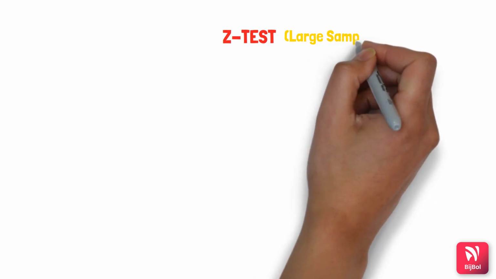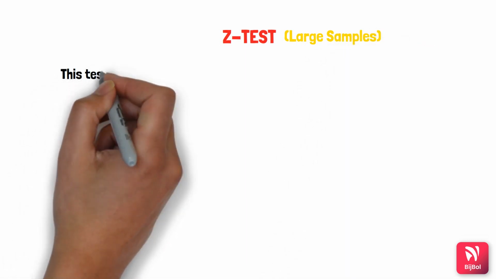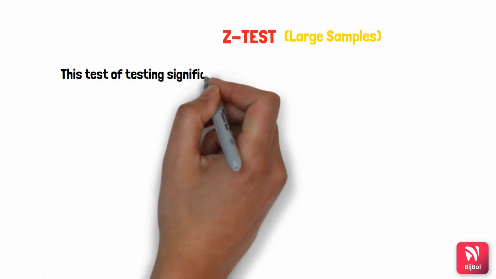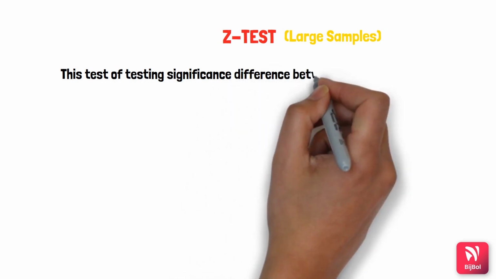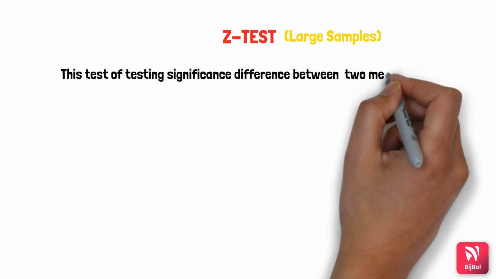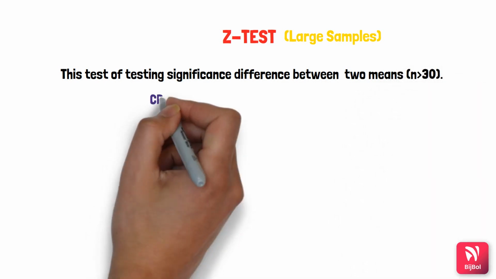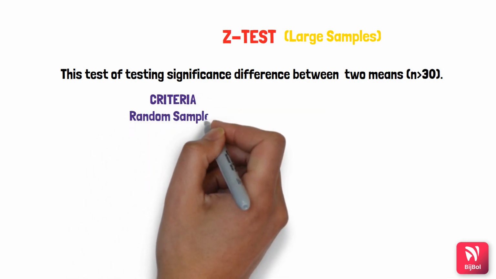The Z test is generally performed whenever you have large samples, and this test is helpful in testing the significant difference between two means. Now, the t-test was also used to test the significant difference between two means, but for the t-test the sample must be less than 30. If it is greater than 30, then you perform the Z-test.